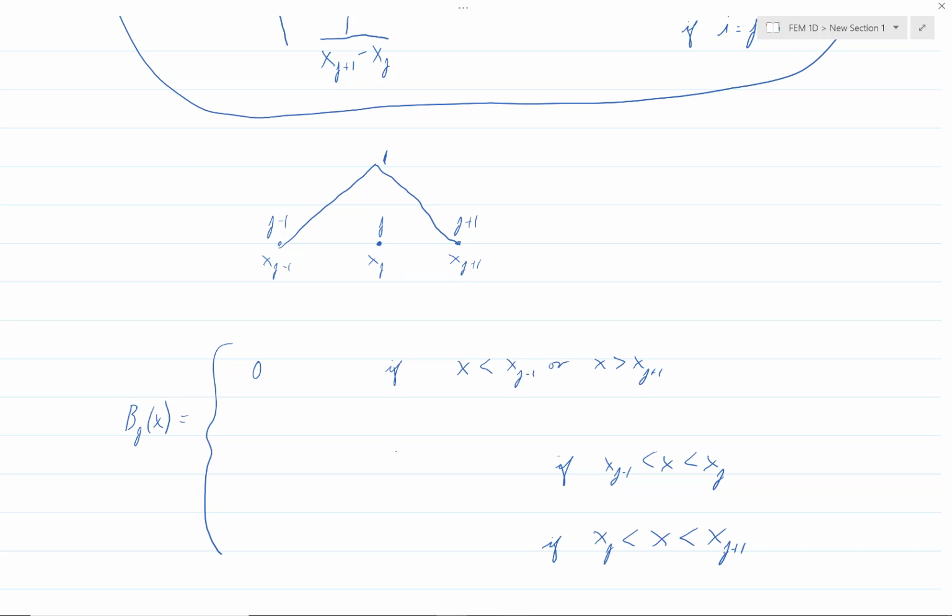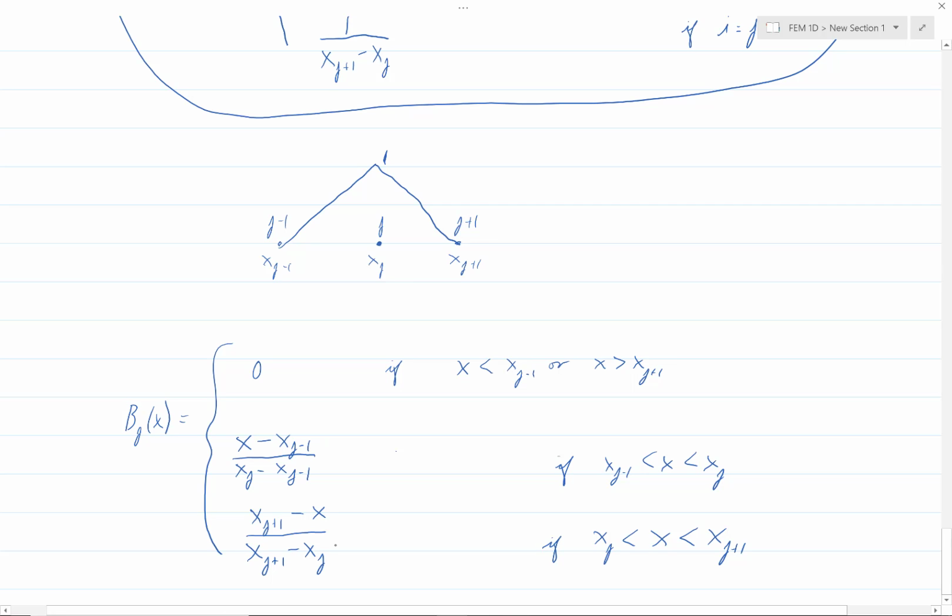Let's see. I believe that we can say (x minus xj minus 1) over (xj minus xj minus 1) is a valid expression in the region between xj minus 1 and xj, and in the region between xj and xj plus 1, I believe we should say (xj plus 1 minus x) over (xj plus 1 minus xj).